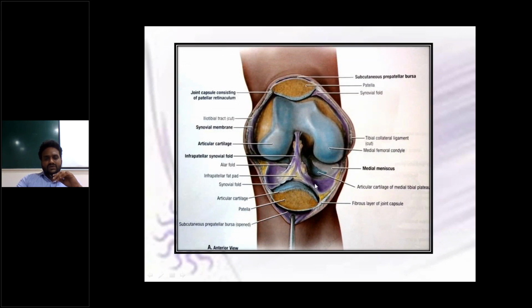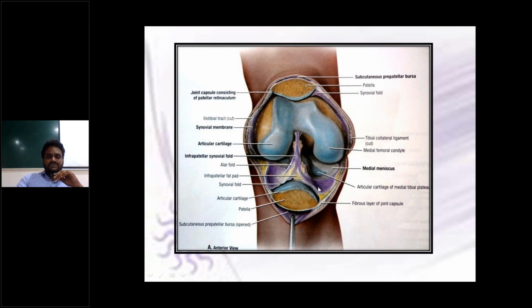Whatever you see in violet color is the synovial membrane. Usually the synovial membrane is present inside the capsule and attached to the margins of the capsule. Here we can see this big, largest synovial membrane, and it secretes the synovial fluid.